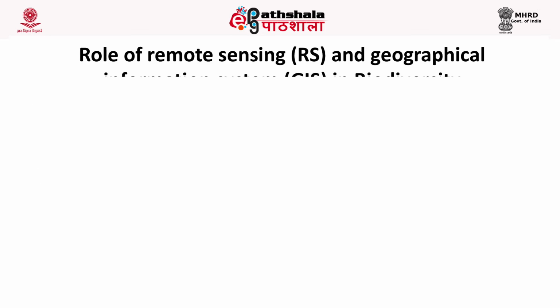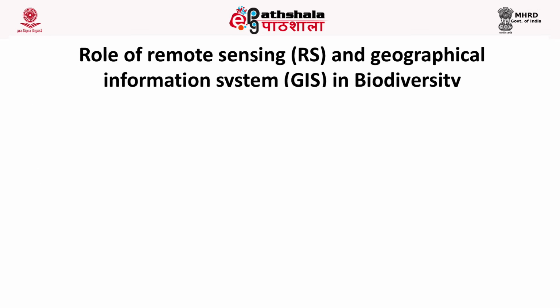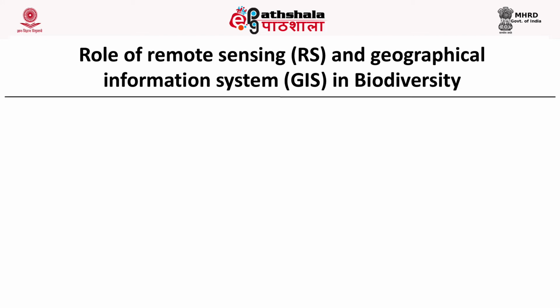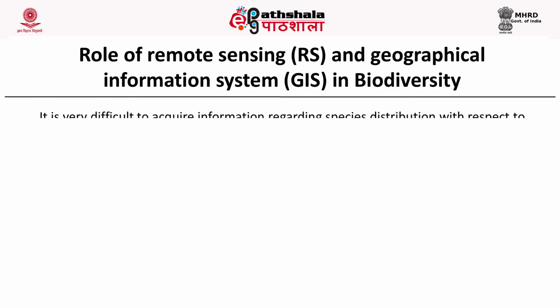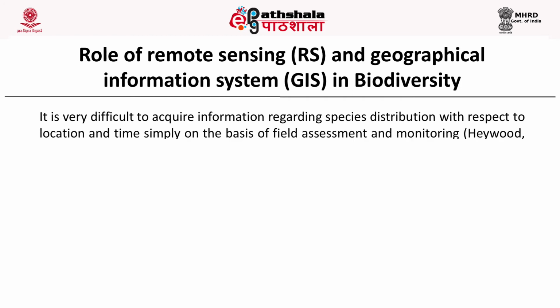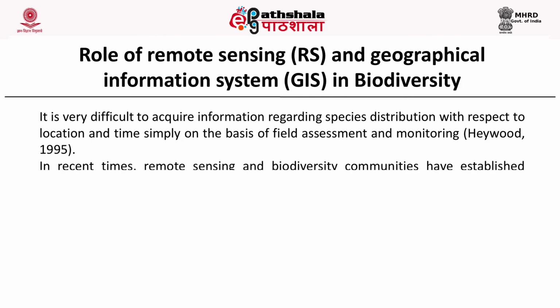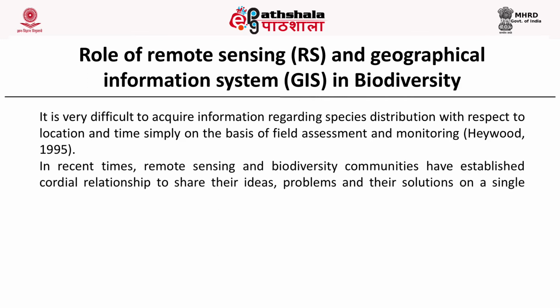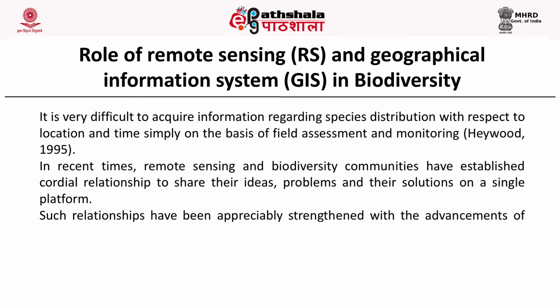So now if we look at the role of remote sensing and GIS in biodiversity, as we all know, it is very difficult to acquire information regarding species distribution with respect to location and time simply on the basis of field assessment and monitoring. In recent times, remote sensing and biodiversity communities have established cordial relationship to share their ideas, problems and their solutions on a single platform.